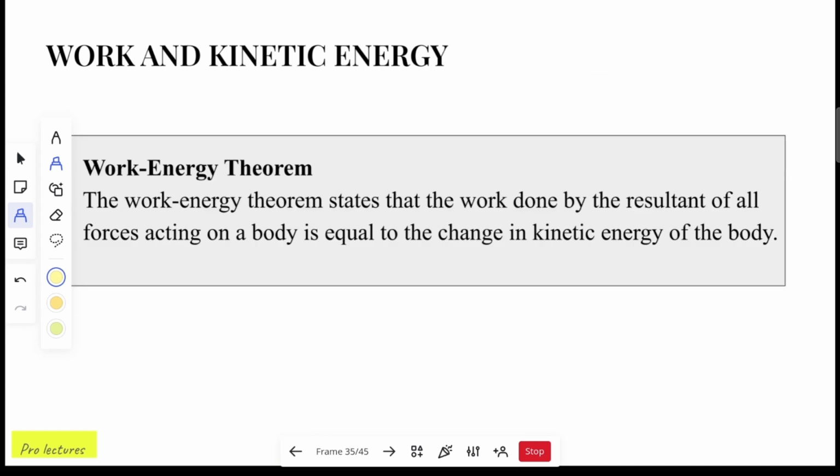Now, this leads us to one more theorem called the work energy theorem. It states that the work done by the resultant of all the forces acting on a body is equal to the change in kinetic energy of the system. Mathematically, what did we get? In the previous derivation we saw half m v2 square minus half m v1 square.